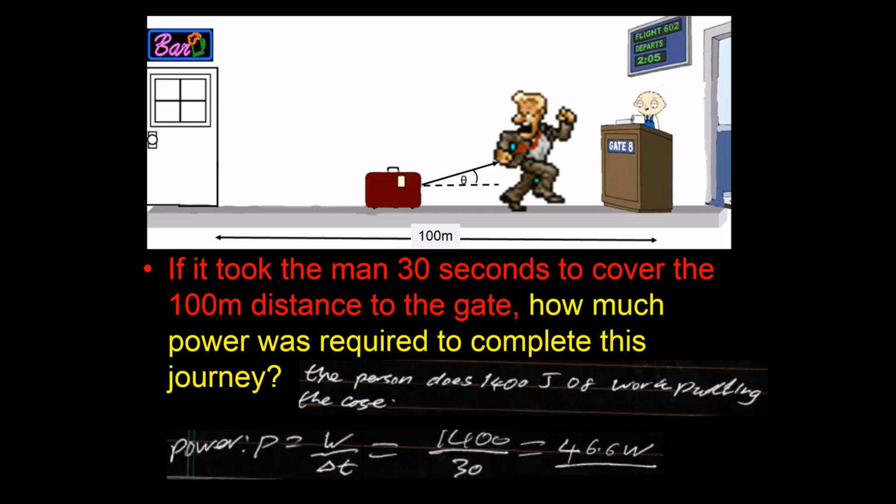So remember here, the things to take into account are what was the direction of the applied force, what was the direction of the displacement. Following that, how long did it take to do this work? So 1400 over 30 seconds gives us about 47 watts.